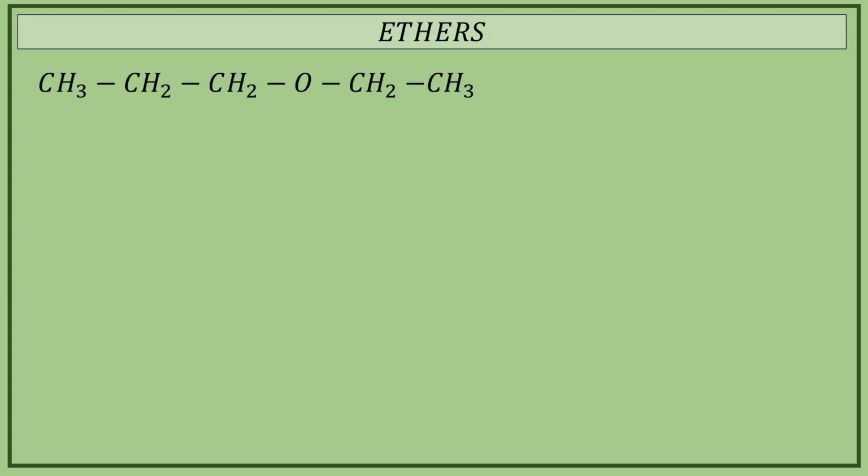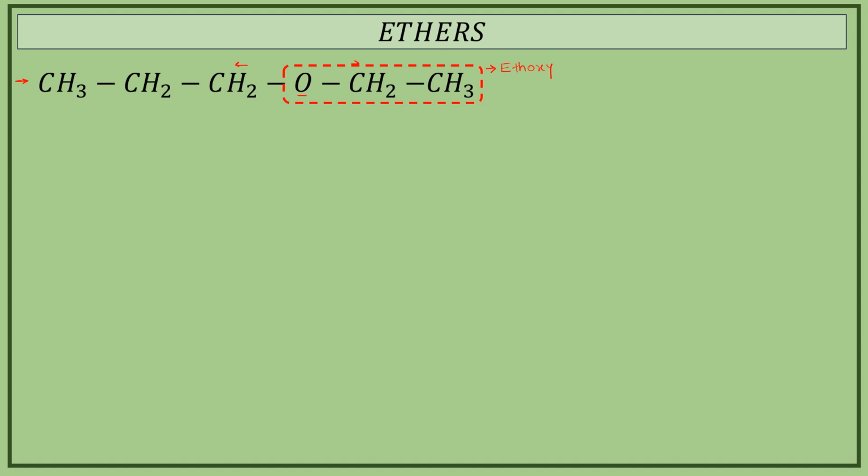Let us begin with this example in which we have two alkyl groups attached on either side of an oxygen atom. We will select the shorter of these two chains and we will name this, as per the rule, an alkoxy group. There are two carbon atoms in this chain, so it will be named as ethoxy.